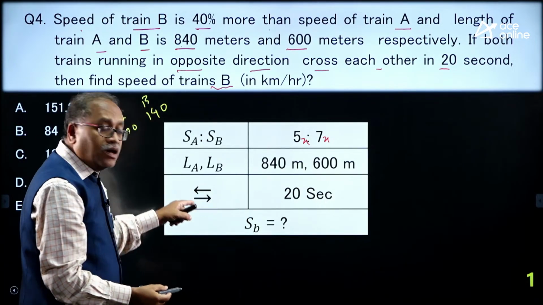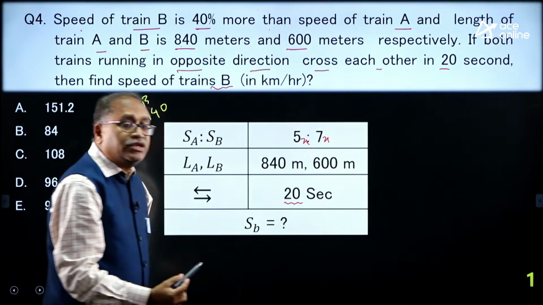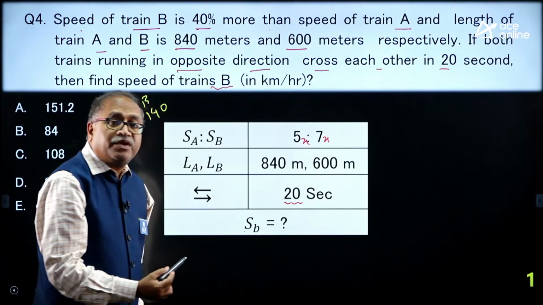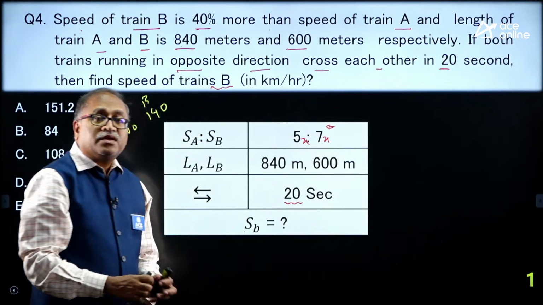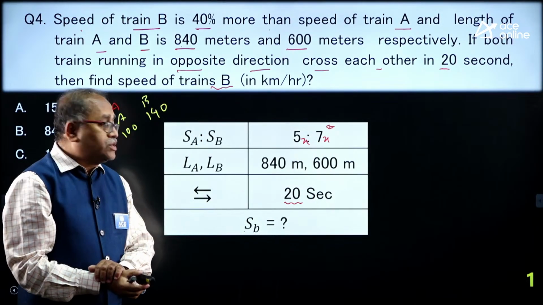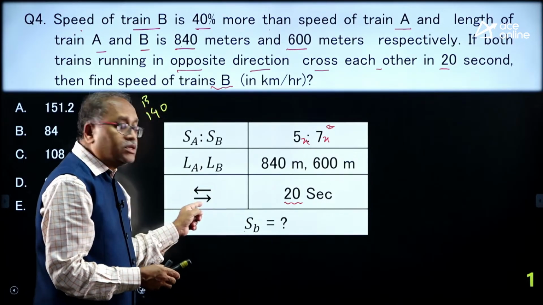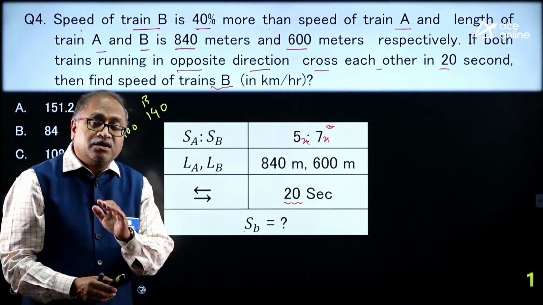Look at the arrow sign, they are crossing each other in how much time? That is in 20 seconds. So, the question asked is, what is the speed of B? That means, I need to find out what is 7x. Look at the way I need to approach this one. So, when one train is crossing another train, then what will be the distance?